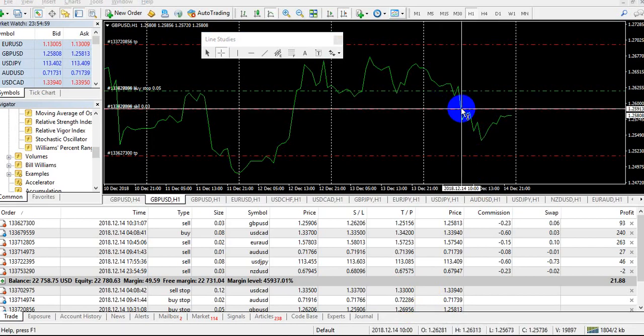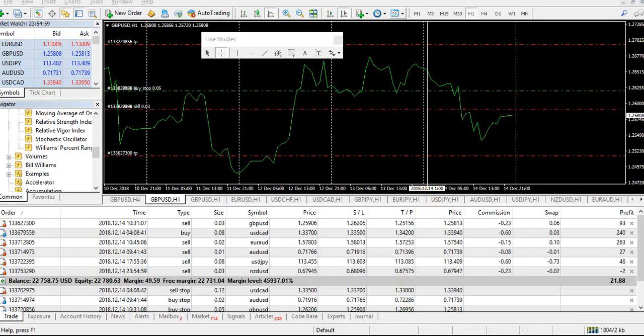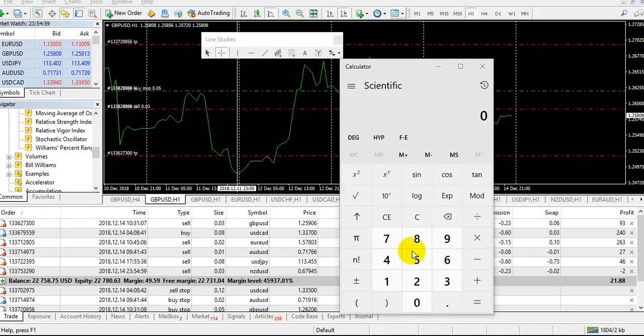So what we're going to do is simply subtract 1.2590 from 1.2656. So here we go, 1.2656 minus 1.2590.